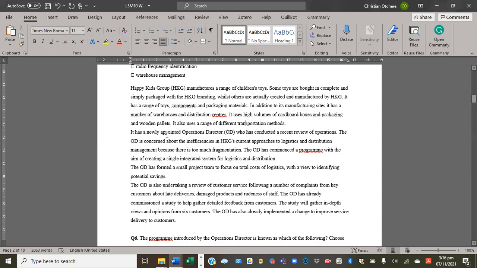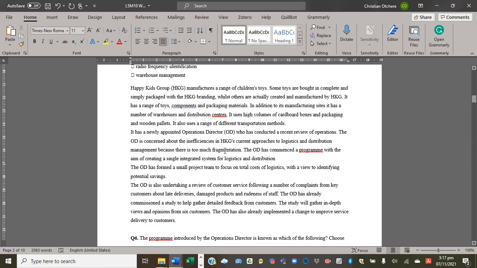Now, it has a newly appointed operations director who has conducted a recent review of operations. The OD is concerned about the inefficiencies in HKG's current approaches to logistics and distribution management because there is too much fragmentation.